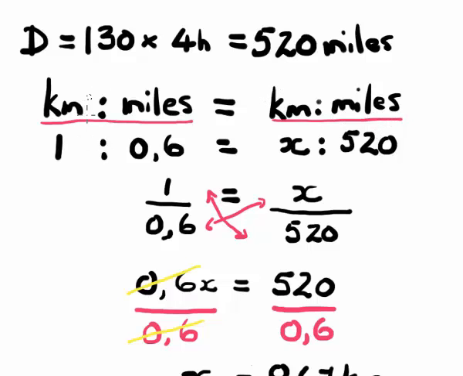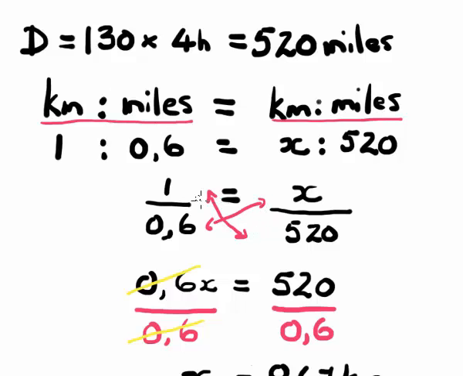So we're told that we have 1 kilometer, 0,6 miles. We want to know how many kilometers there are, and we know we have done 520 miles. We now do two fractions by doing the same thing on the right-hand side and the left-hand side. So x divided by 520 is the same as 1 divided by 0,6.